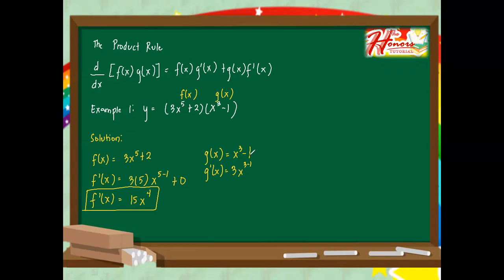And then since negative 1 is a constant, automatically it will be changed to 0. Okay, if it is 0, you can just eliminate it. Do not write it. Okay, so let's continue. G prime of x is equal to 3x raised to 3 minus 1, that's 2. So we have here g prime of x is equal to 3x squared.